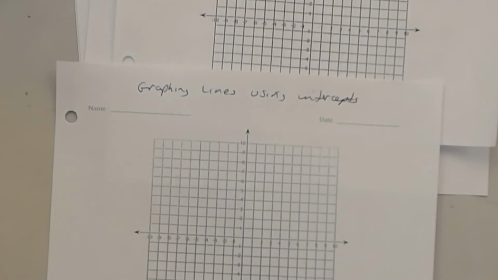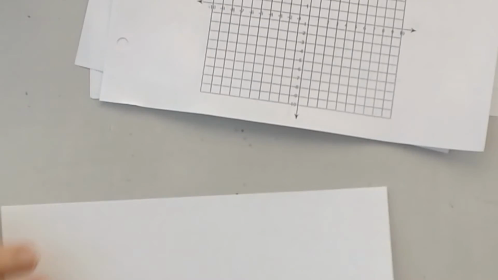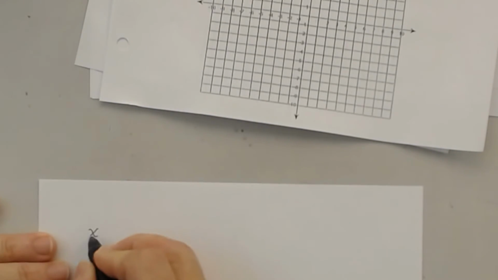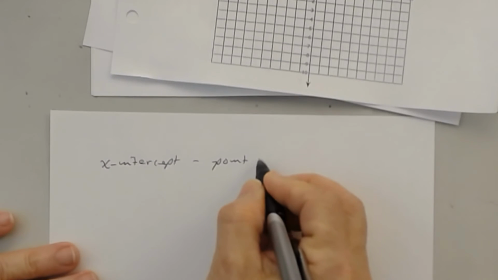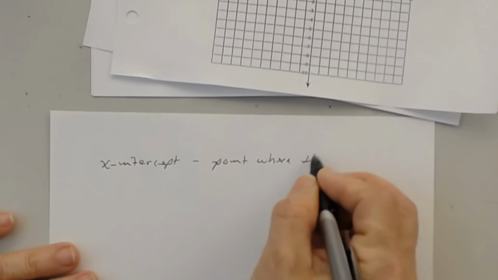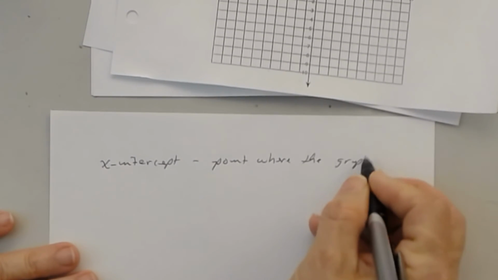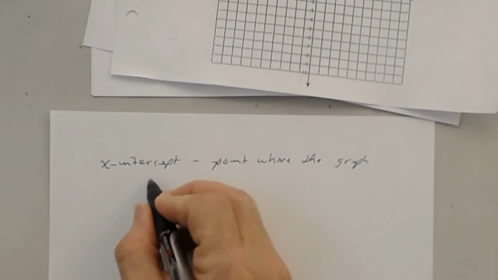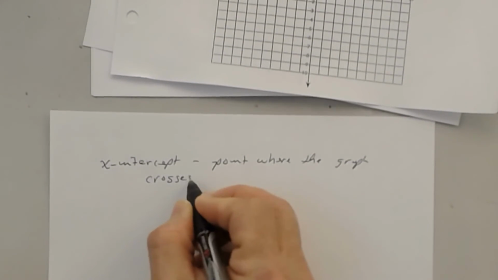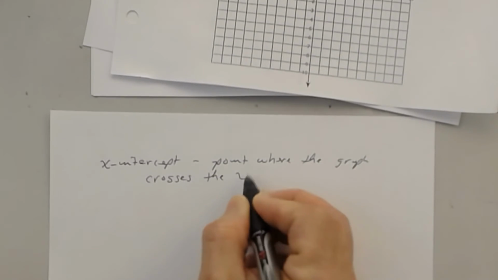So you have the idea that the x-intercept is the point where the graph, and in this case we're talking about a line, where the line crosses the x-axis.